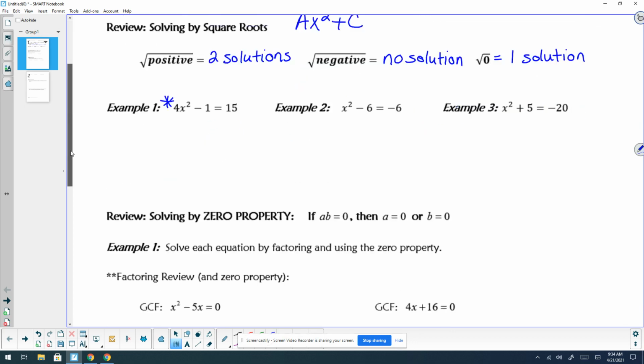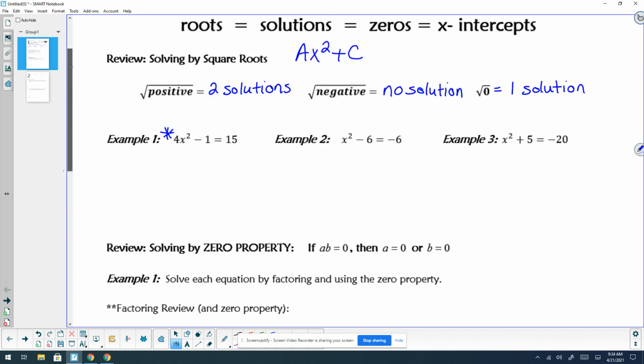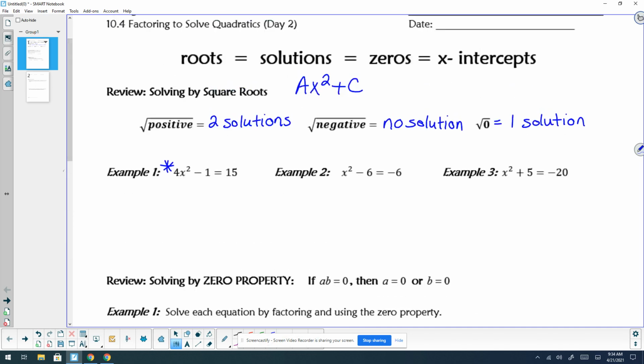An example of what I'm talking about, x to the first power, would be here. I have x squared minus 5x. I have 2x squared plus 4x minus 70. Those are examples of having the bx term, the x to the first power. So when I do not have that, I can look into trying to solve by square roots.